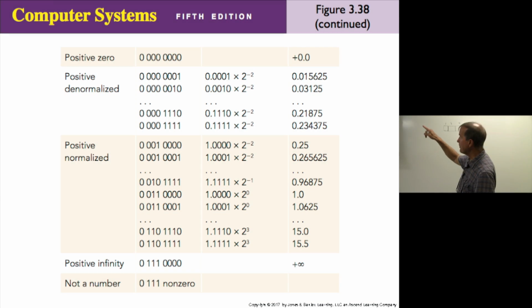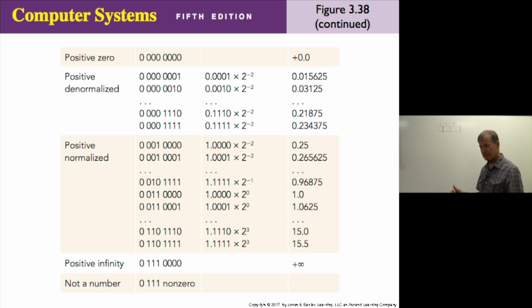In the second half of figure 3.38, we see those values which are denormalized. Remember that the denormalized numbers are the numbers with 0, 0, 0 in the exponent field. The smallest positive normalized number is the bit pattern 0 for the sign bit, 0, 0, 1 for the exponent, and 0, 0, 0, 0 for the significand. And that's 0.25. So we see in this figure that all numbers less than 0.25 are stored denormalized.